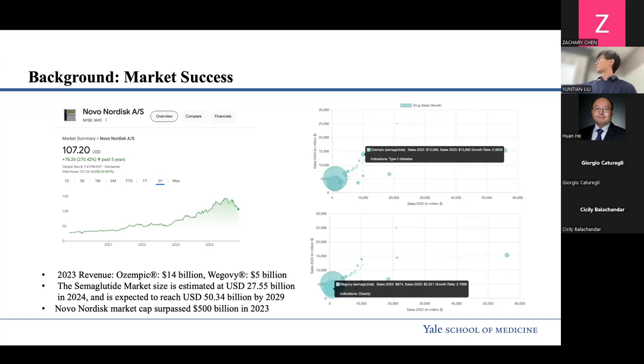The x-axis is the sales in 2022, and the y-axis is the sales for those drugs in 2023. And the size of the dot, the area of the circle, shows the sales growth.